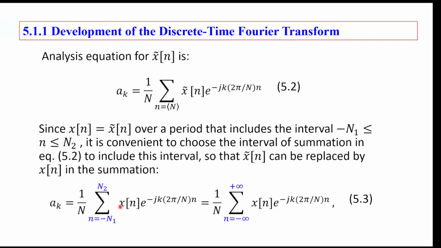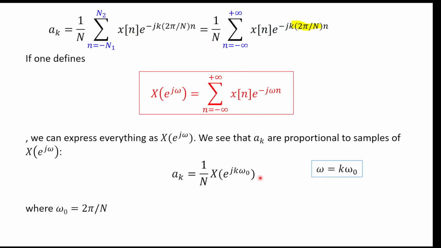Okay, so if you change x tilde of n to x of n, you can also change the limit of summation from minus infinity to plus infinity. So you see that a_k can be written in terms of x of n. Now we try to write a_k as some envelope function, big X of e^{jω}. We give a definition here: big X of e^{jω} is the summation of x of n e^{-jωn}.